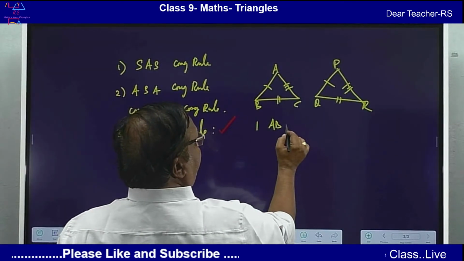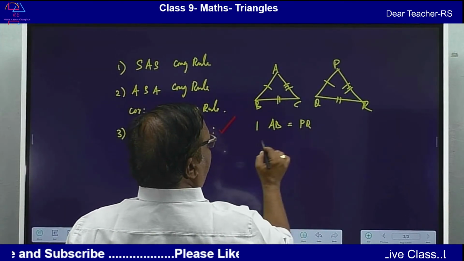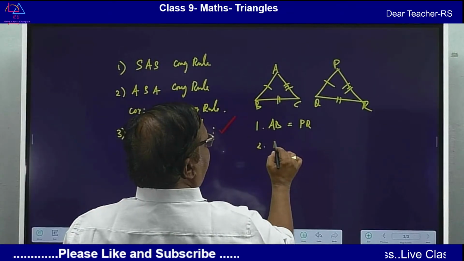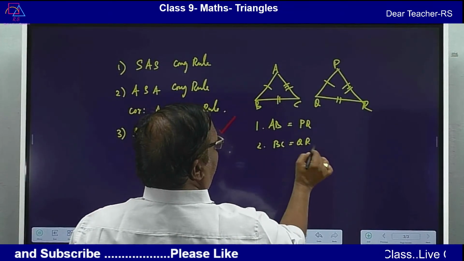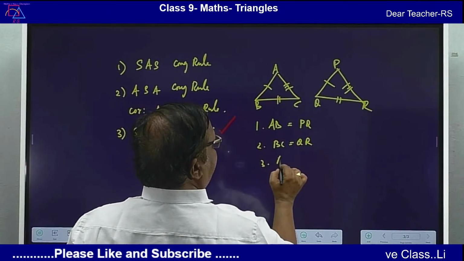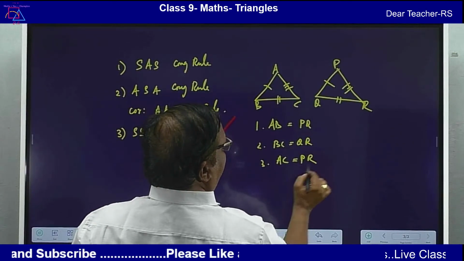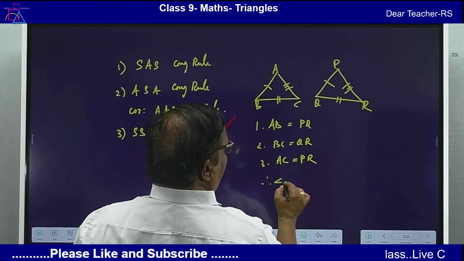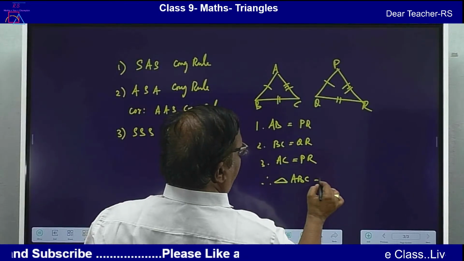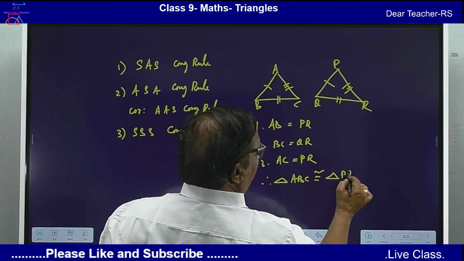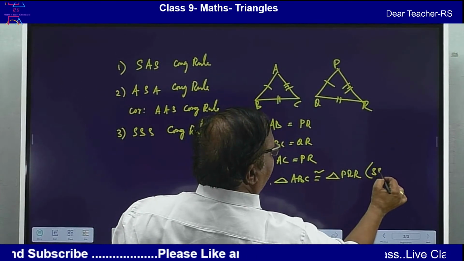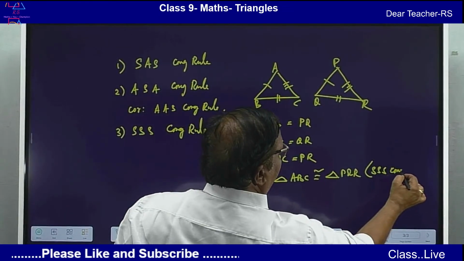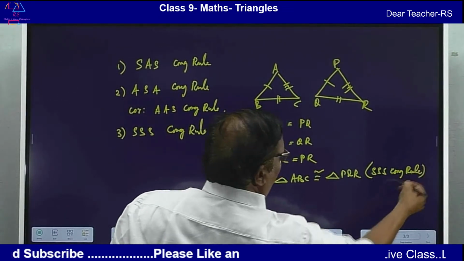Therefore, triangle ABC is congruent to triangle PQR by the SSS congruency rule.